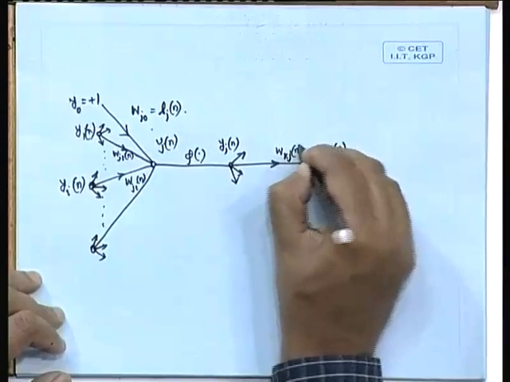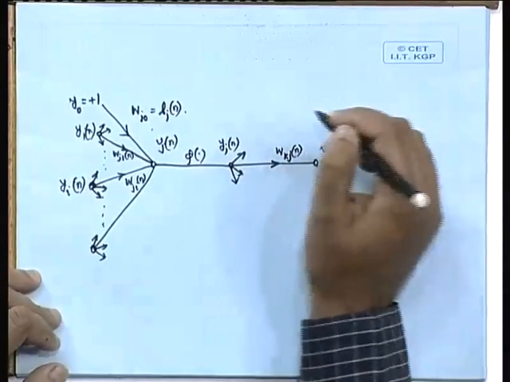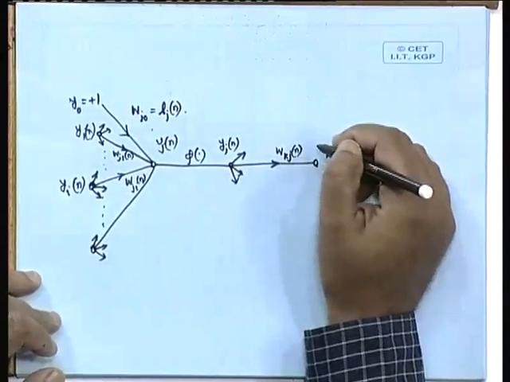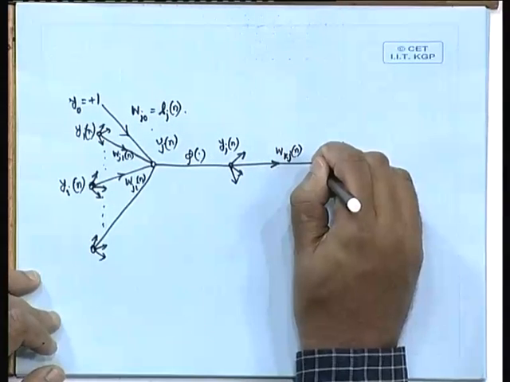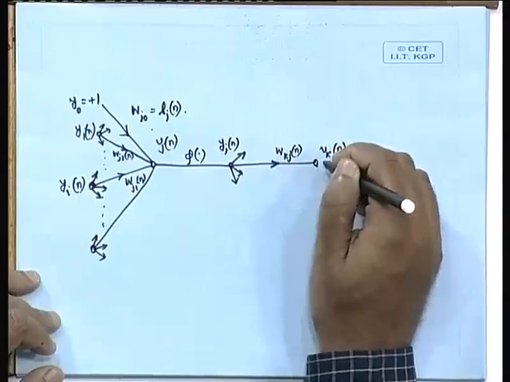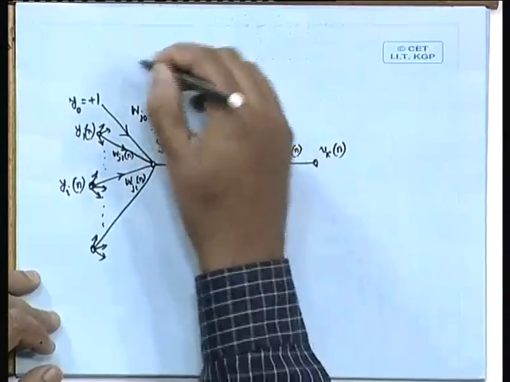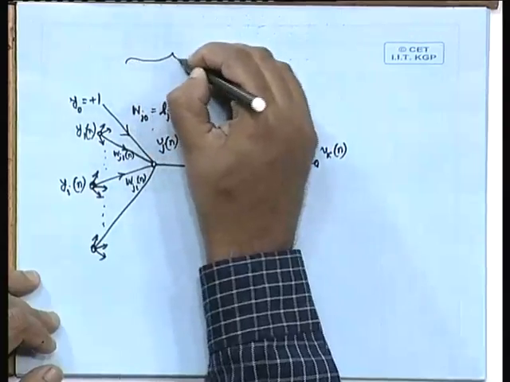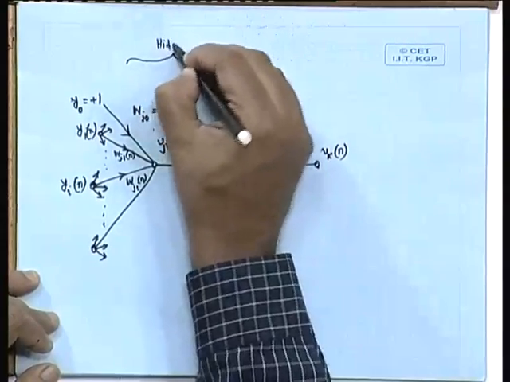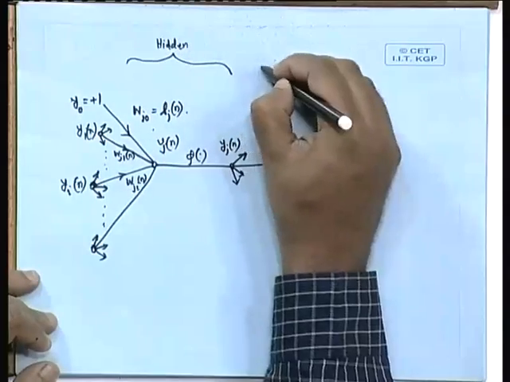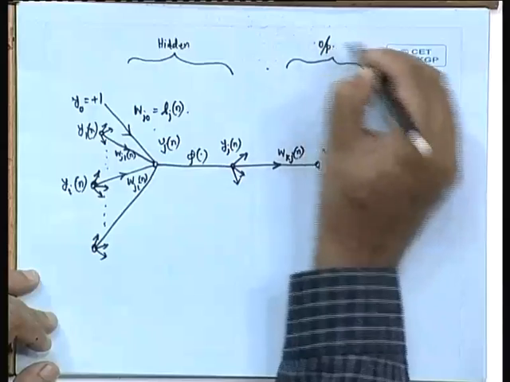Yes, very correct, wkj of n. Everywhere we will have n because it is analyzed with respect to the pattern number n. Now, likewise this vk of n will be connected to other neurons in the preceding layer. I can say that this happens to be the hidden layer, and coming to here, this happens to be the output layer.